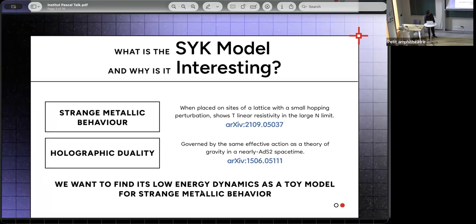The second, more important thing is that there's this holographic duality, which was shown by Kitaev. It has the same effective action as a theory of gravity in nearly AdS2 spacetime. And the aim here is to find the low energy dynamics as a toy model for strange metallic behavior.